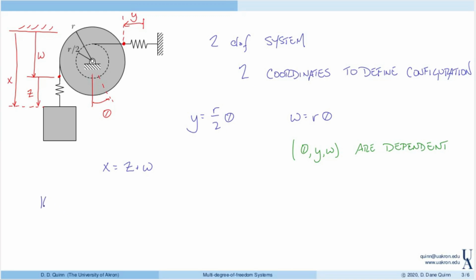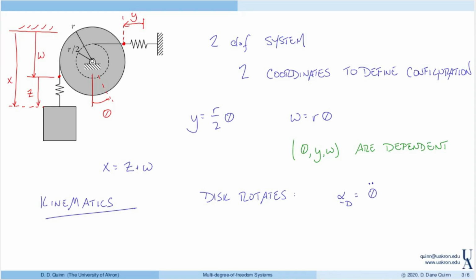So now if I think about the kinematics, how do we describe the motion? Well, looking at the disk, it rotates. So we can define the angular acceleration of the disk in terms of theta, right?